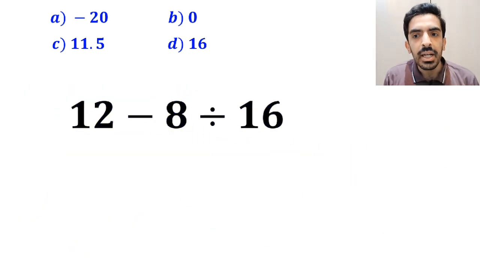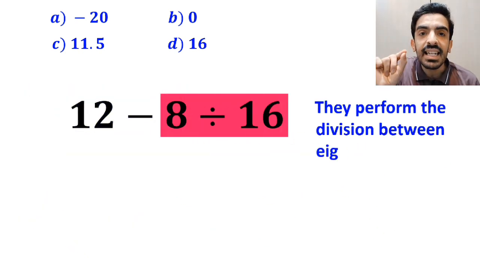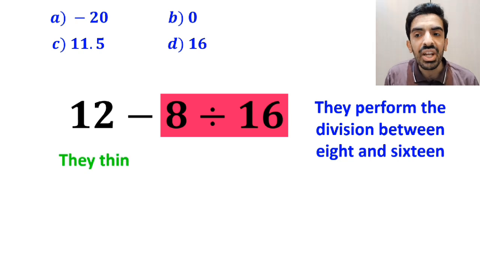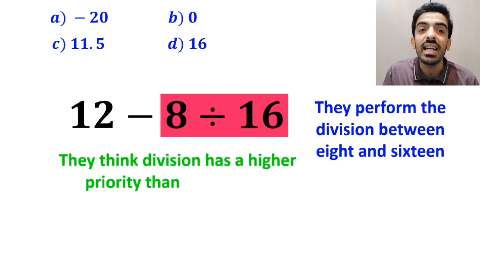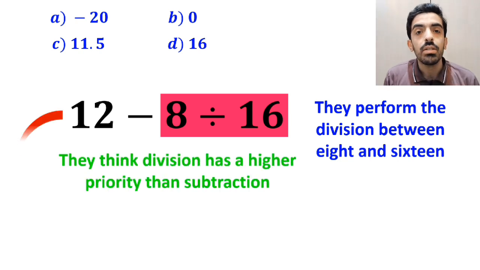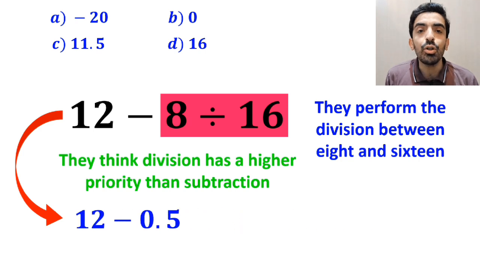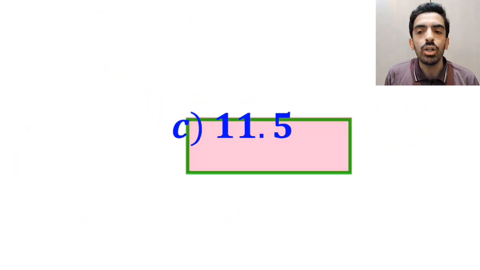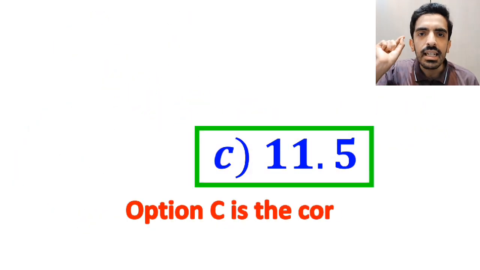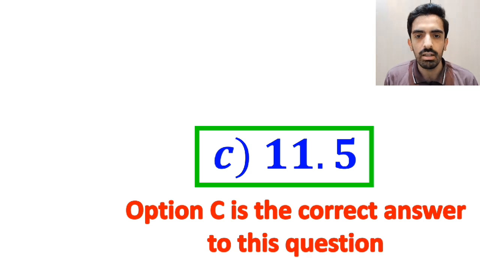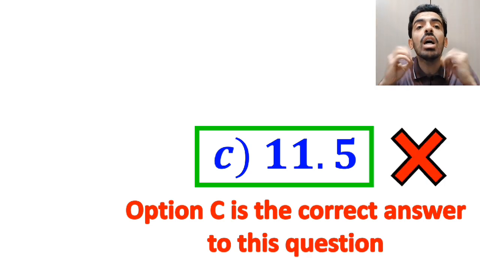In the next step, they perform the division between 8 and 16 because they think division has a higher priority than subtraction. So, they simplify this expression to 12 minus 0.5, which ultimately gives them the answer 11.5. And immediately, they conclude that option C is the correct answer to this question. But I have to say, we were tricked and it's not the correct answer to this question.